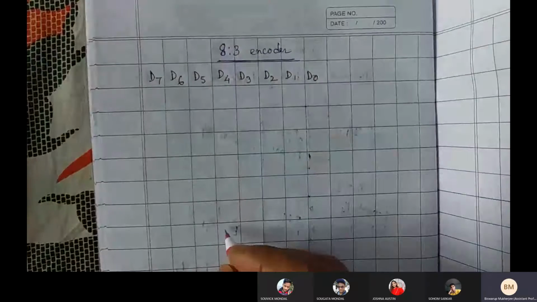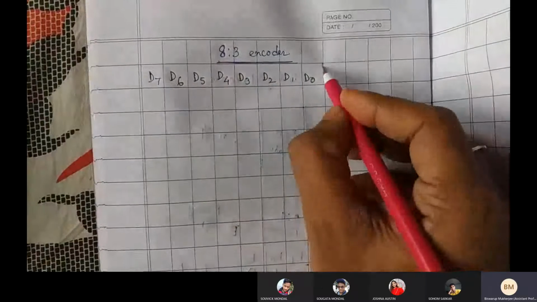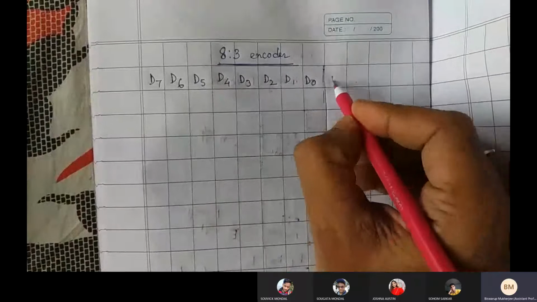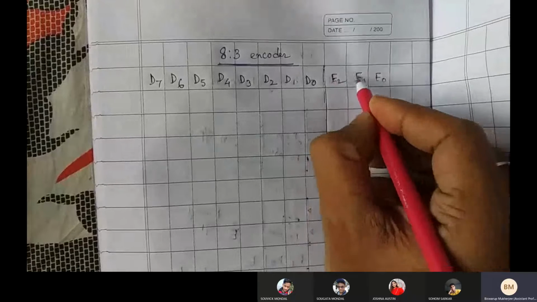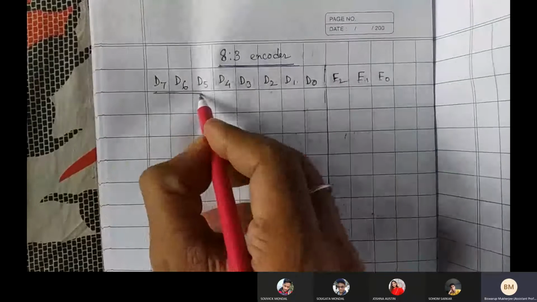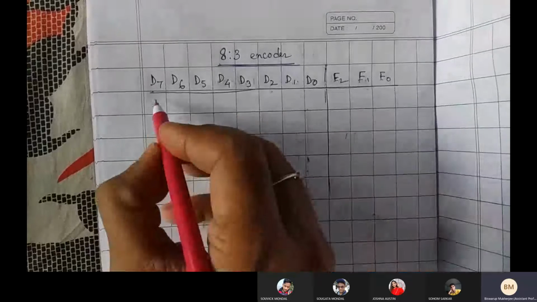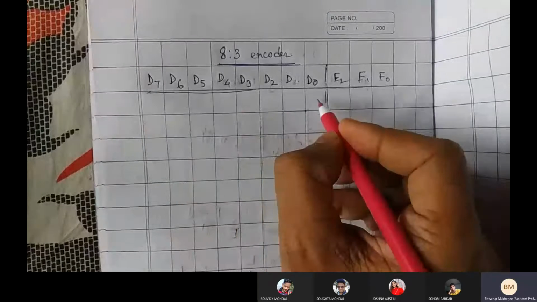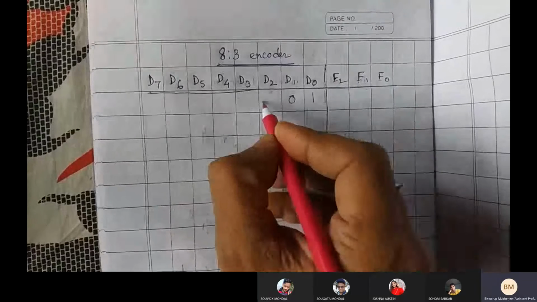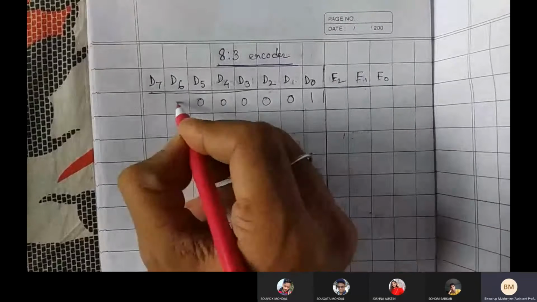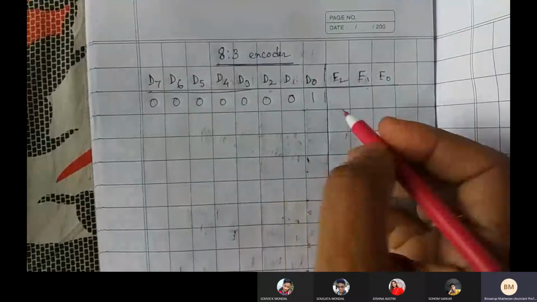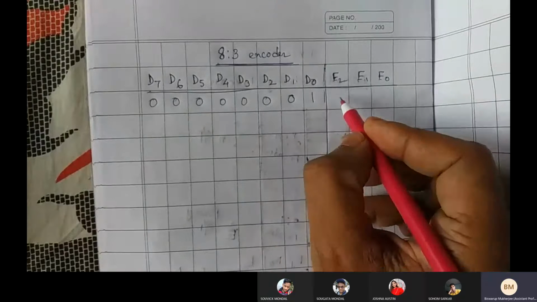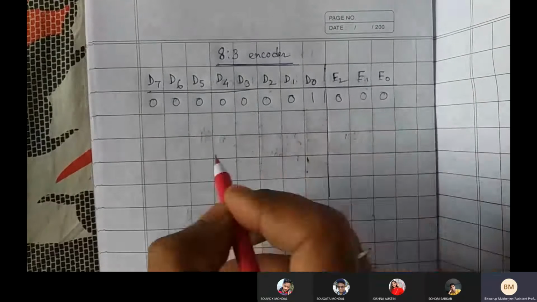There will be 3 outputs, E2, E1, and E0. As per decimal value, this time only one input can be 1. If D0 is 1 and the rest are all 0, that will be denoted by 0 0 0.